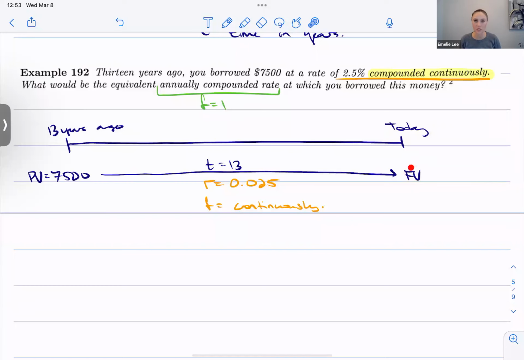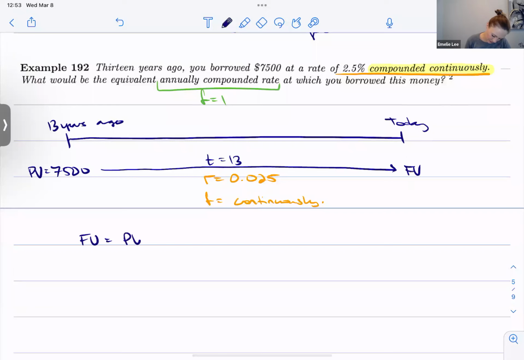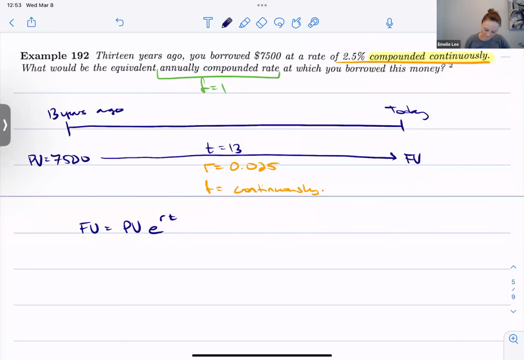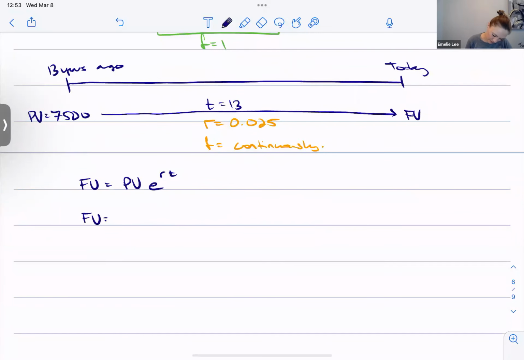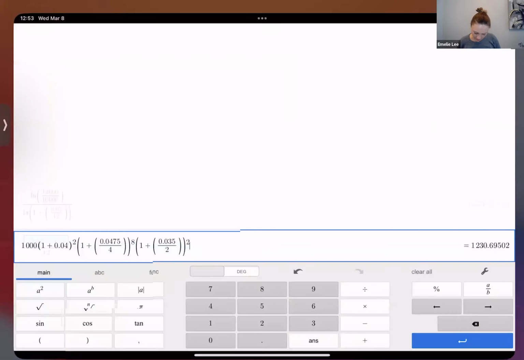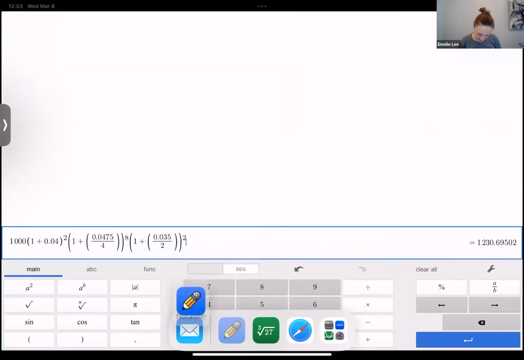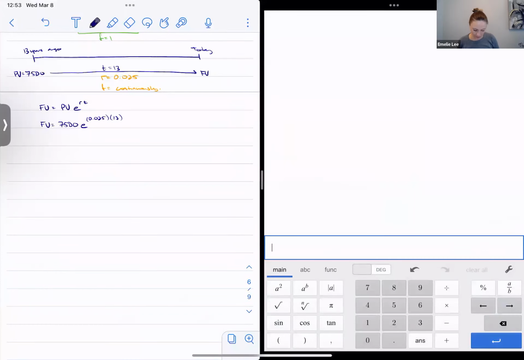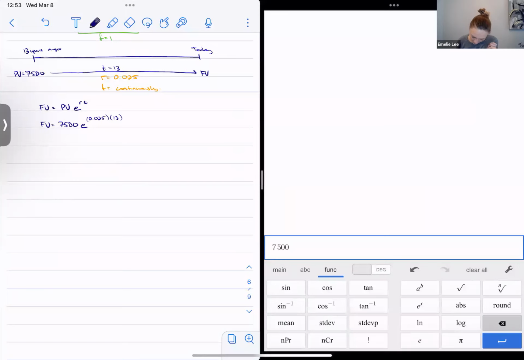So first thing we need to do is find the future value. So the future value is PV times E to the R times T. So the future value is 7,500 times E to the 0.025 times T, which is 13. I'm going to maybe do them side by side here so I can see it. 7,500, and then E is going to be in the functions.